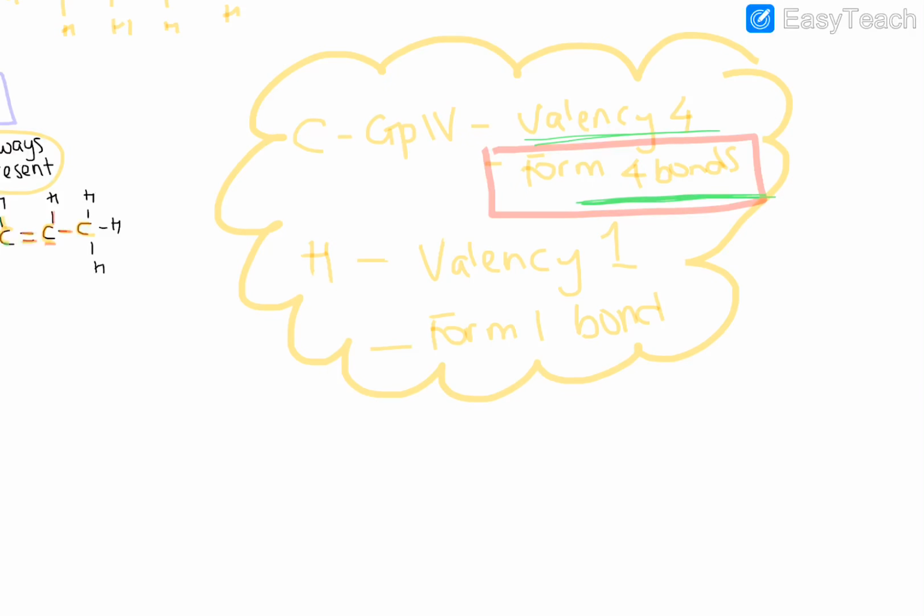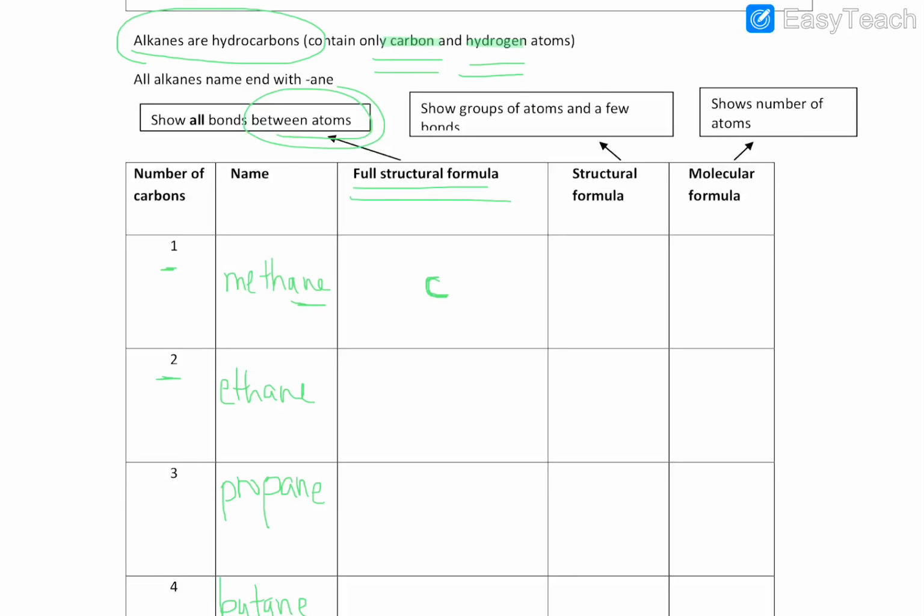It cannot form fewer than 4 bonds or more than 4 bonds, and hydrogen forms only 1 bond. So we'll apply this here. Carbon forms 4 bonds: 1, 2, 3, 4. There's one carbon, and the rest is going to be hydrogen: H, H, H, and H.